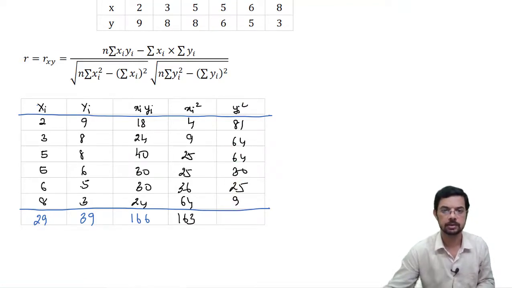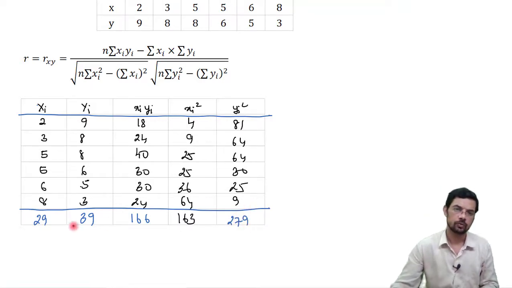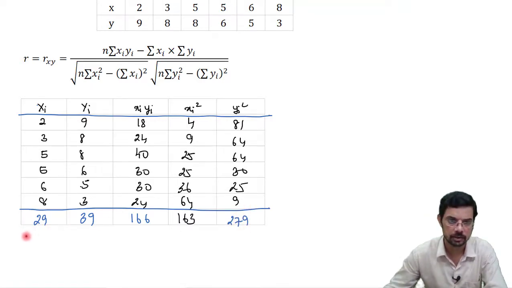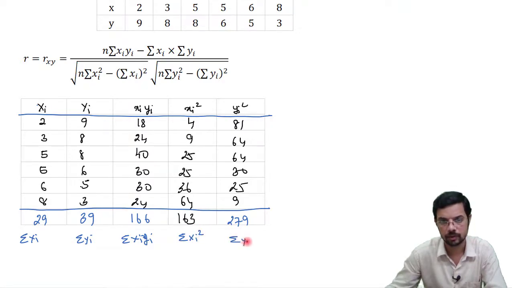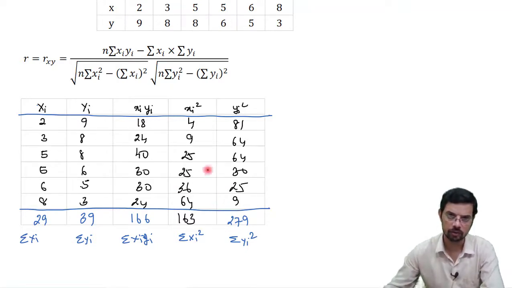So this is sigma xi, this is sigma yi, this is sigma xi yi, this is sigma xi square, and this is sigma yi square. So we have everything that we can put into this formula.